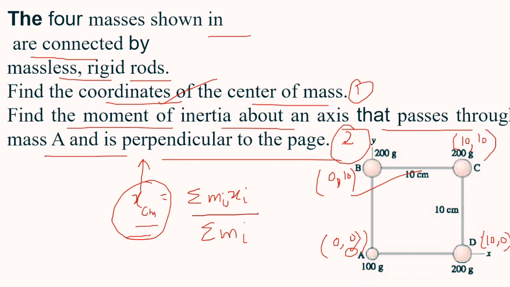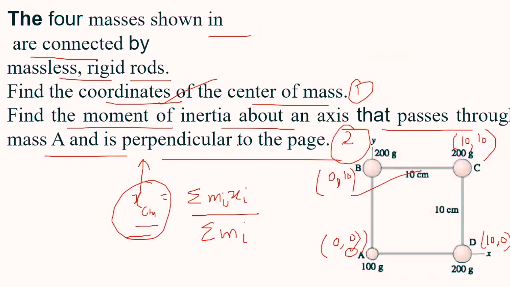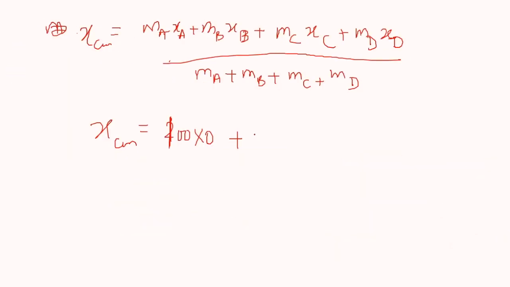I've written the coordinates of every mass here. Now MA is 100 into 0. For MB it's 200 into 0, because again the x coordinate is 0. These XA, XB, XC are the x coordinates of our point masses.